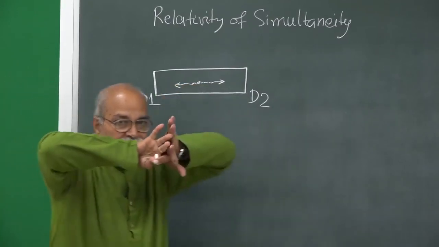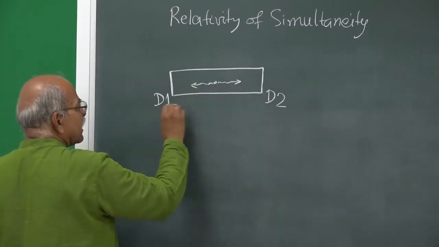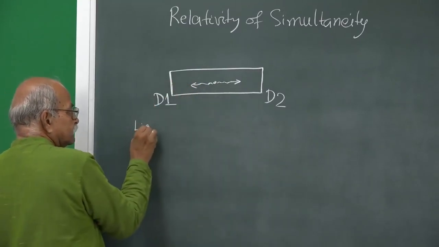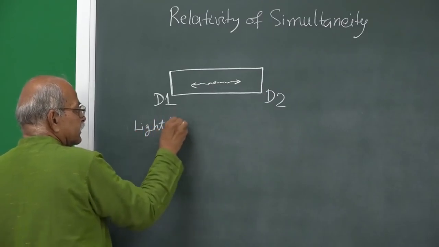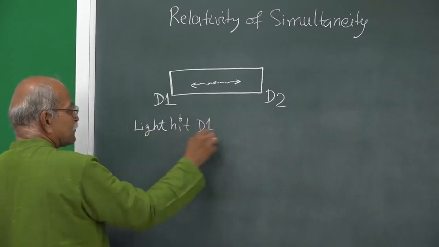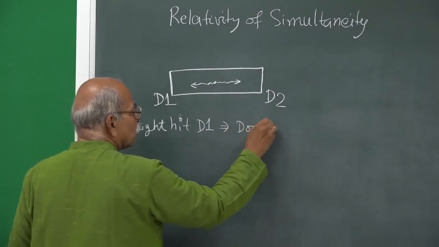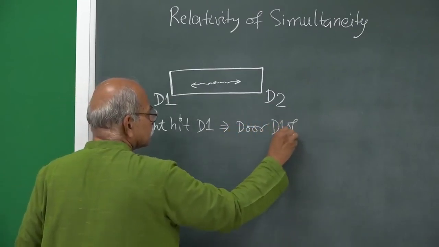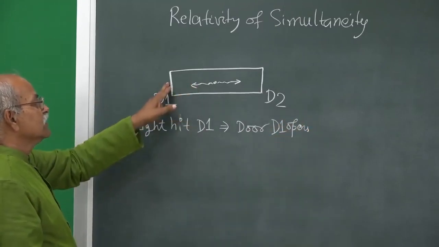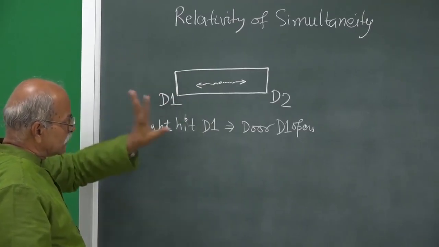At the same time the pulses are emitted, and the mechanism is such that when this light hits door D1, this is in fact one event, and then door D1 opens. So, our electronics is such that this light falls here, and then this door D1 opens. So, this is one event.